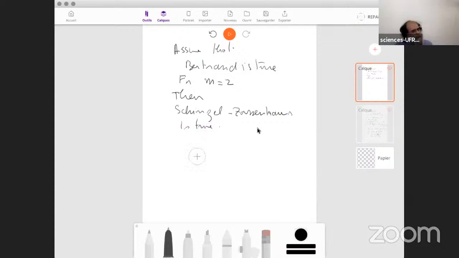The interesting feature is that Schinzel-Zassenhaus is now known, by Dimitrov, who has proven Schinzel-Zassenhaus. And Bertrand for m equals 2 implies that.